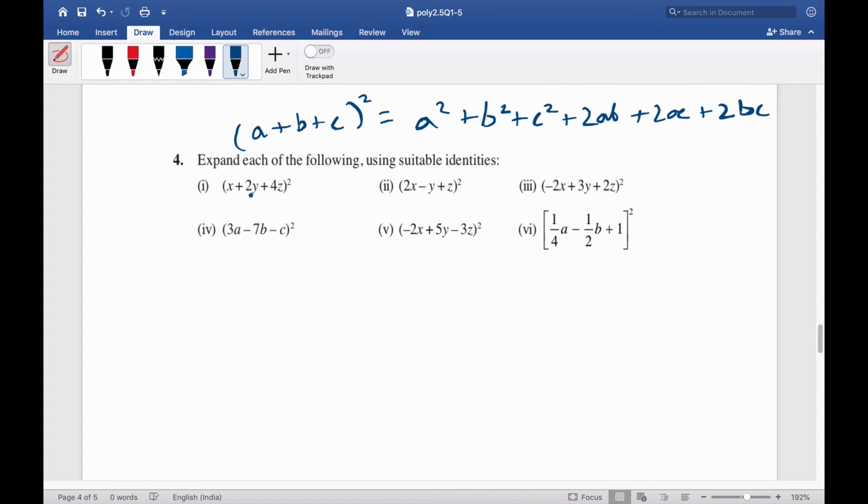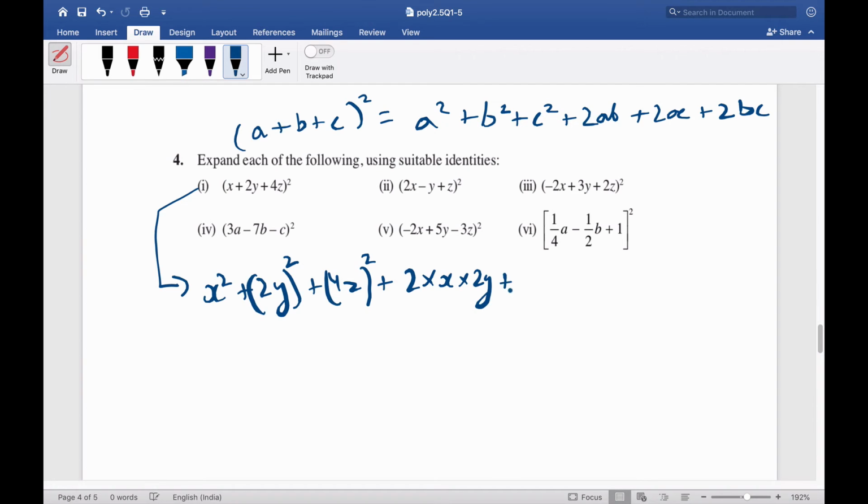So I have a as x, b as 2y and c as 4z. I will get x square plus 2y whole square plus 4z whole square plus 2 into x into 2y plus 2 into x into 4z plus 2 into 2y into 4z.